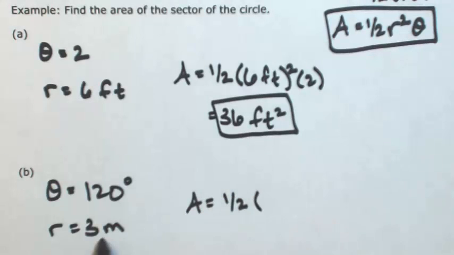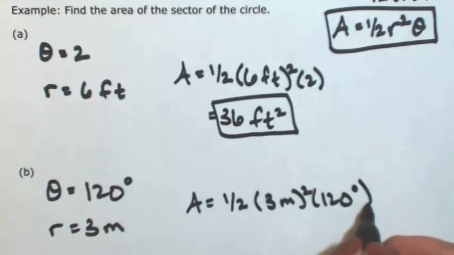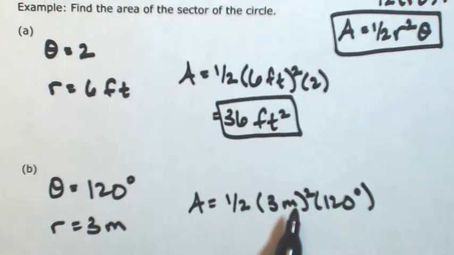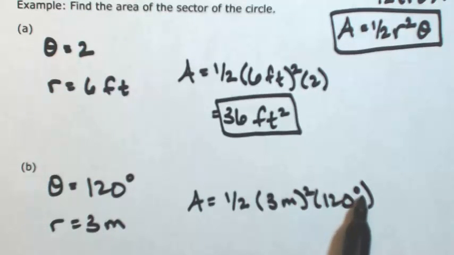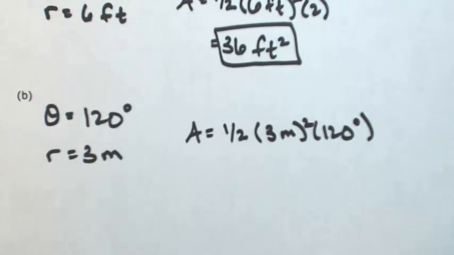So 1/2 times 3 meters squared times 120 degrees. Now notice what would happen when I go to multiply all this out. I would have square meters times degrees, which is not the units that we're looking for with area. So what I need to do is change this degree into something dimensionless. And that means radians.